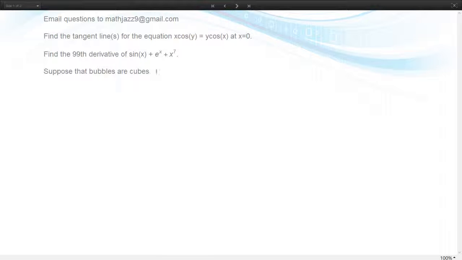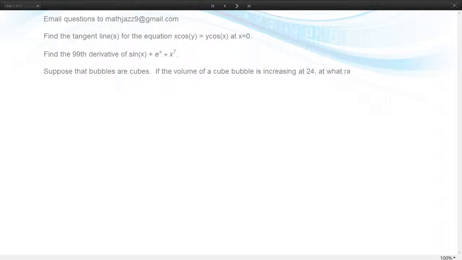So let's say if the volume of a cube bubble is increasing at, let's say, like 24 cubic inches a second. Okay, we'll just call that 24.